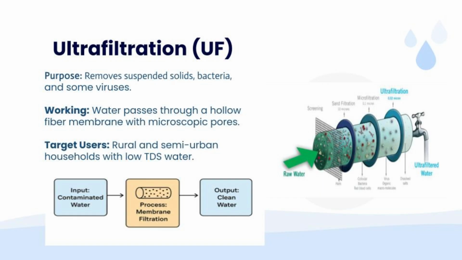These pores act as a barrier to bacteria and most viruses, while allowing water and minerals to pass through. Target users: UF systems are best suited for rural and semi-urban households, especially where the water has low TDS levels but may not be microbiologically safe.